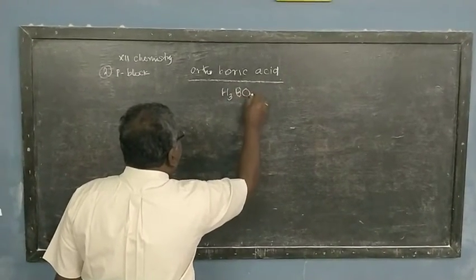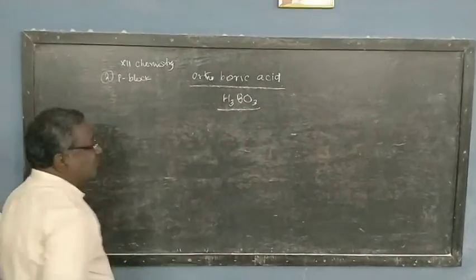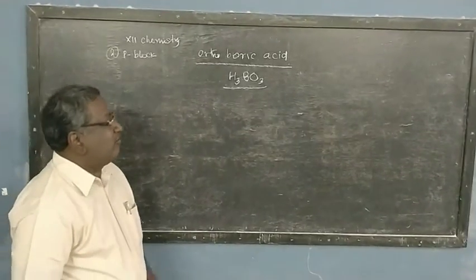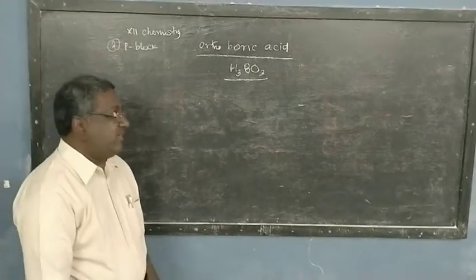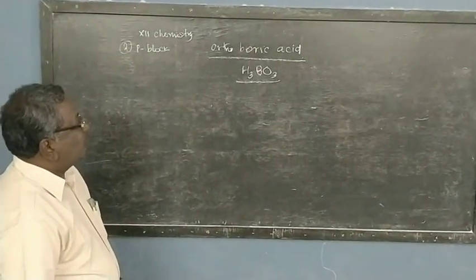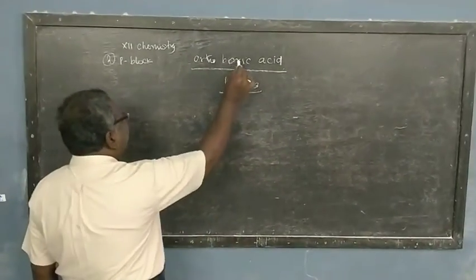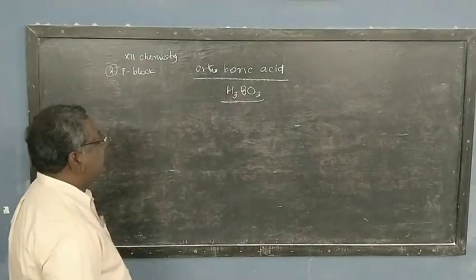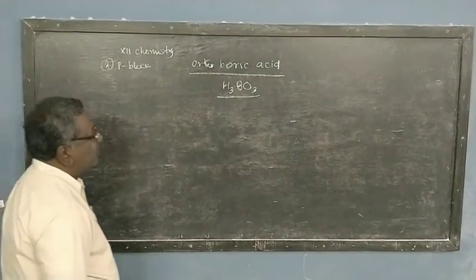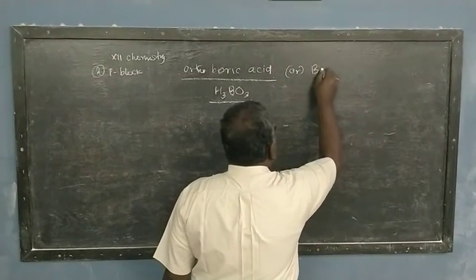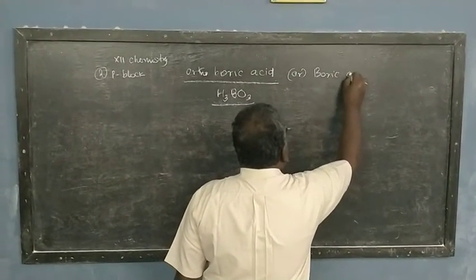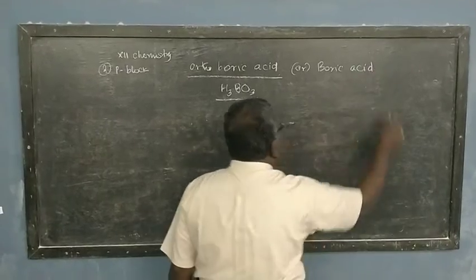It is H3BO3. As we keep on moving in the lesson, you should keep on memorizing the formula. So orthoboric acid, or simply boric acid, is H3BO3. This can also be called boric acid.